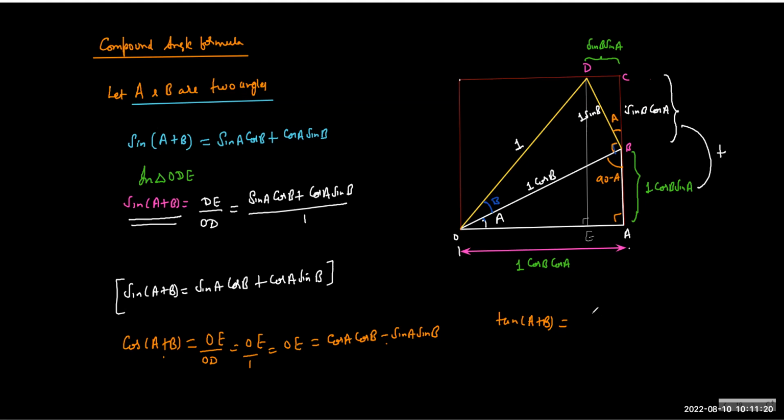Same triangle, you can use the same triangle. DE upon OE. So sin A cos B plus cos A sin B. Tan is always the ratio of sine upon cos. This we have to always use.